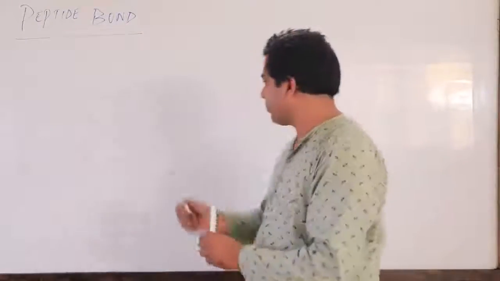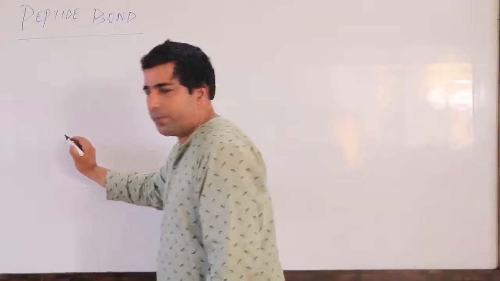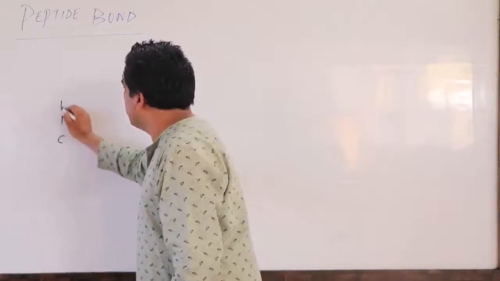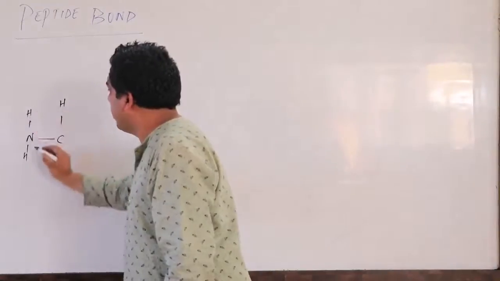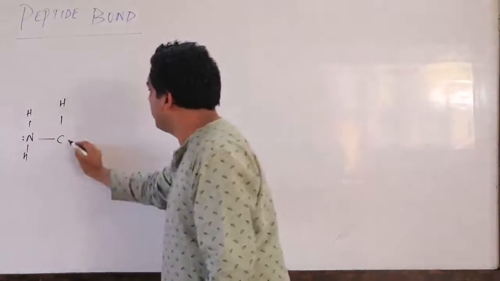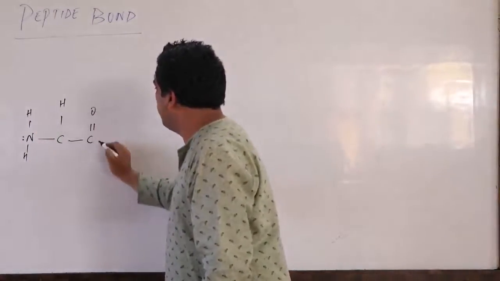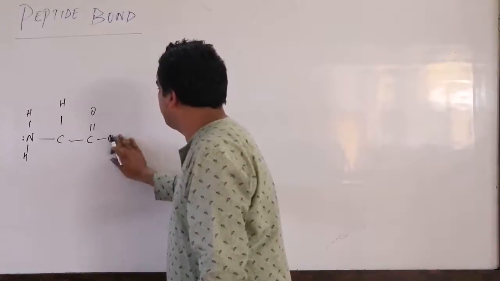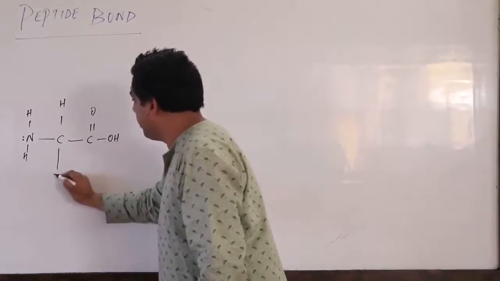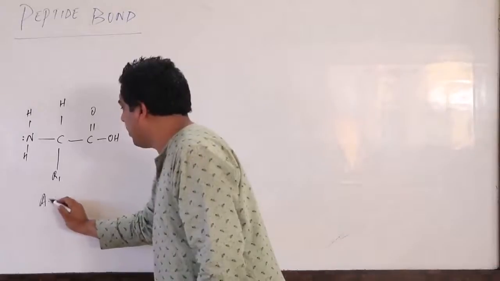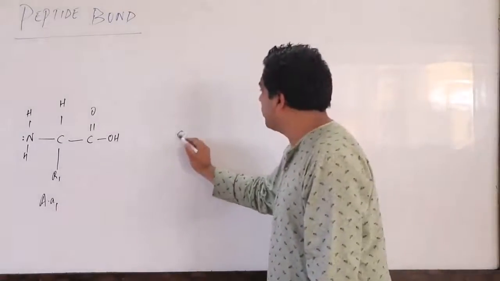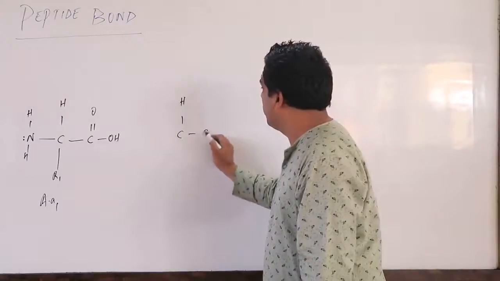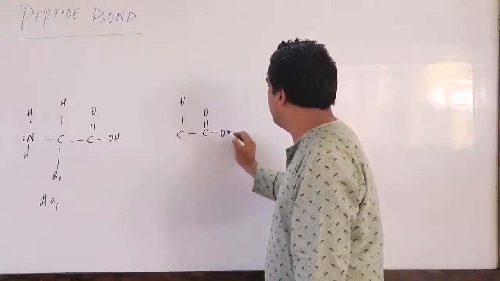Have a look. Look here, my dear friends. So let's suppose we have H here, then we have NH2, and obviously it has a lone pair. Everybody should know that. C double bond O, then we have OH here, and then we have R1. Let's call it amino acid 1. Let's take another amino acid here. C, H, C double bond O, then OH.